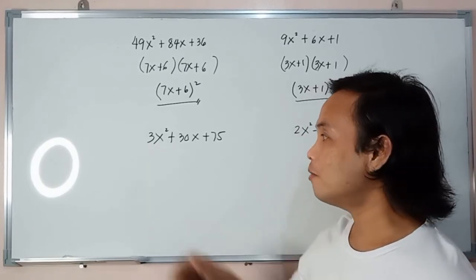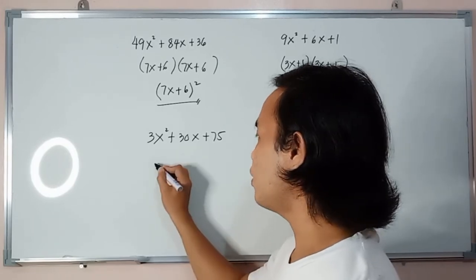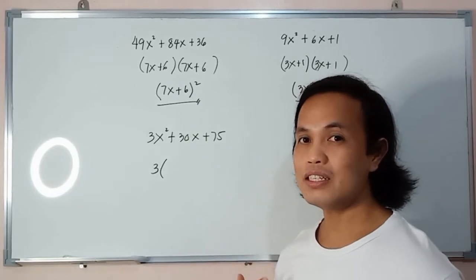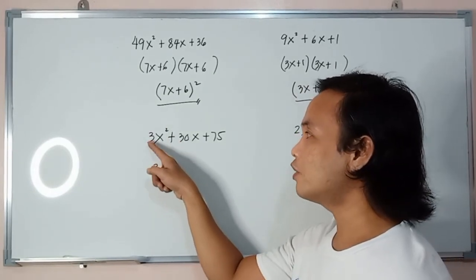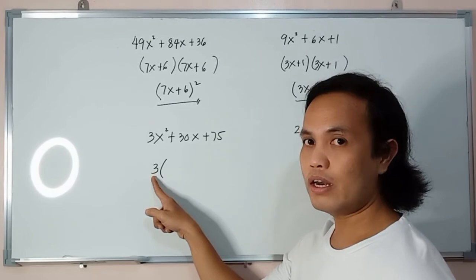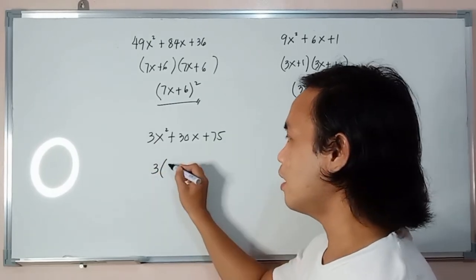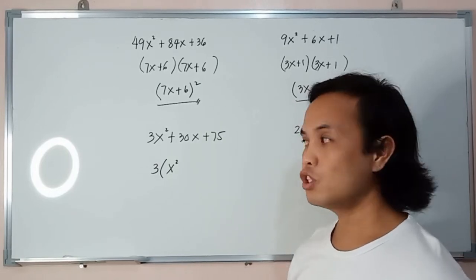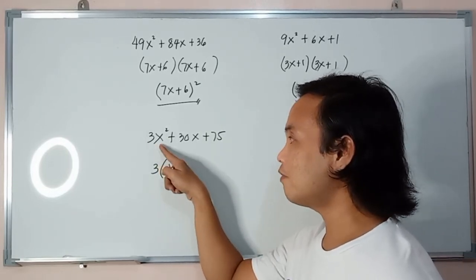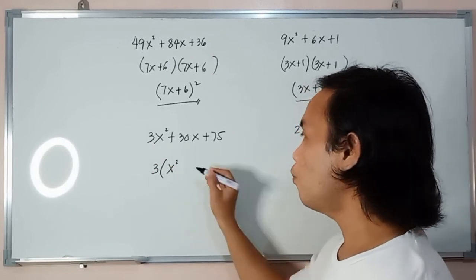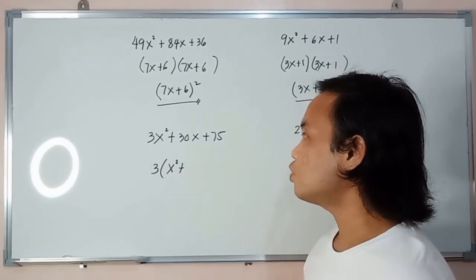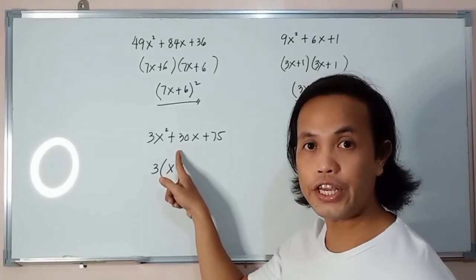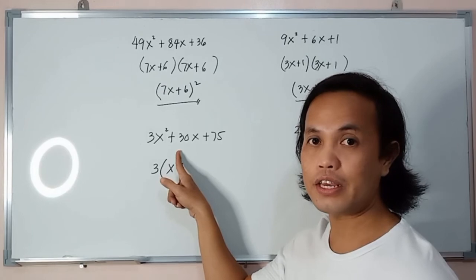So we have here 3. We factor out the 3. So we have 3 times what remains inside the parentheses, since we already have factored out the 3, so what remains here will be the x squared. We copy plus. Now since we already have factored out 3, what remains for 30 shall be 10, because 10 times 3 is 30.